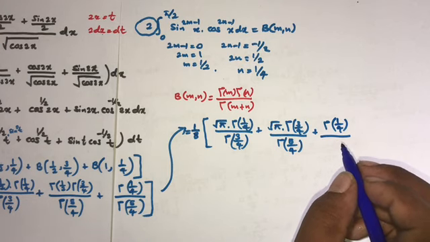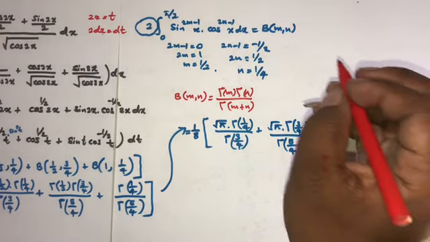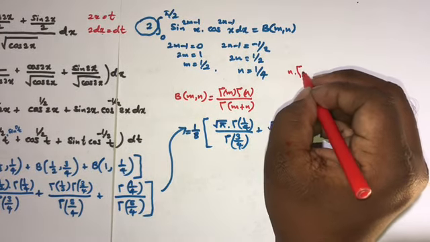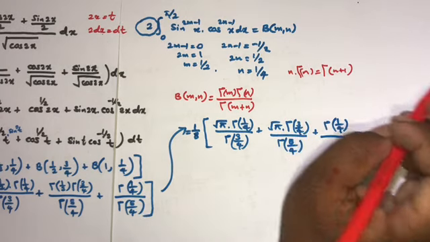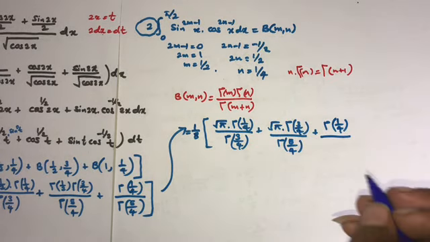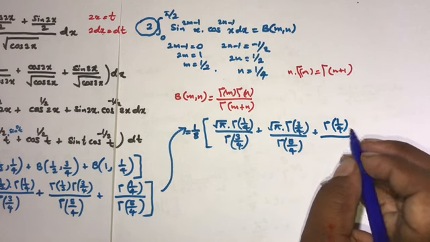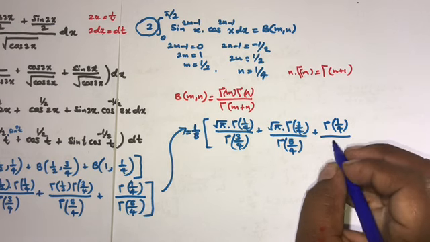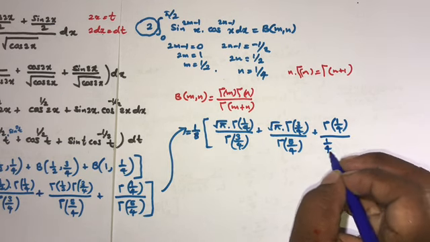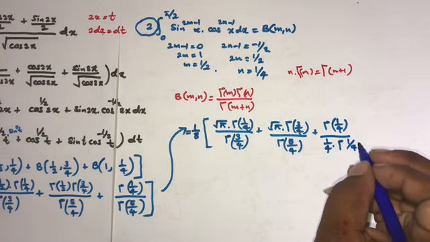Also we can simplify gamma of 5 over 4 using this formula. We know n times gamma of n is equal to gamma of n plus 1. So we can write this is equal to 1 over 4 times gamma of 1 over 4.